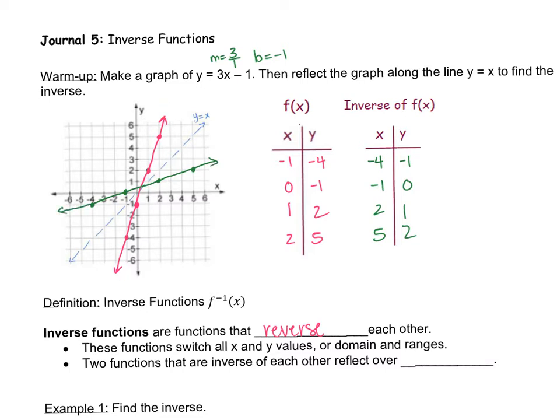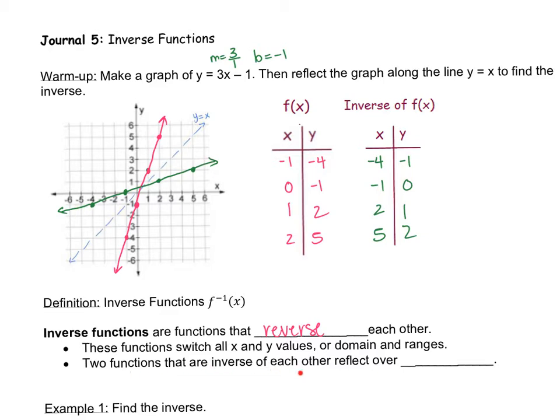And notice when you look at this divider here, if you treat this y equals x as your divider, notice how this pink line, the original line, is almost reflected across this line. So they have this symmetry along the y equals x line. And so if you were to reflect, you would get this line, the inverse.